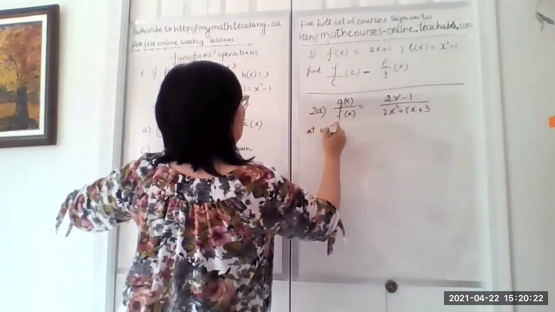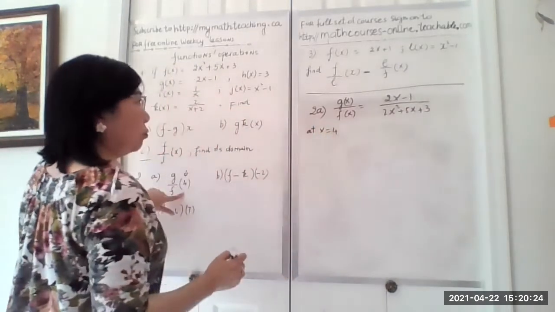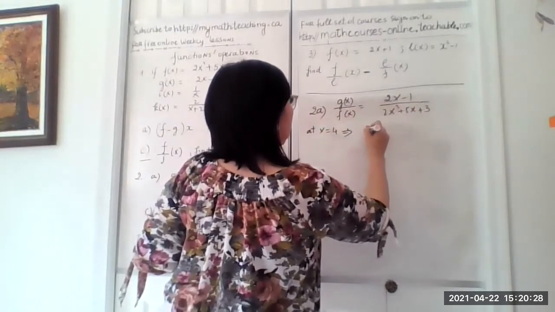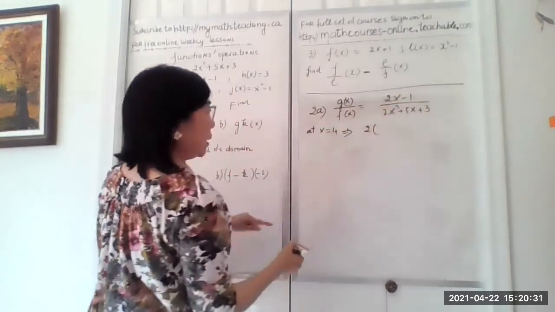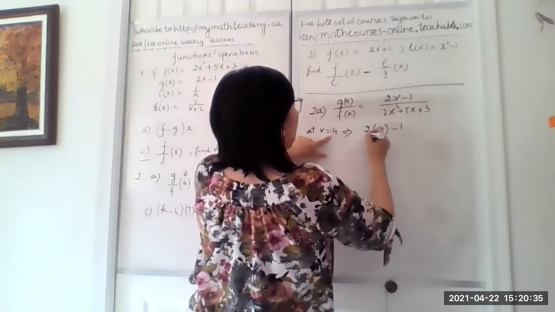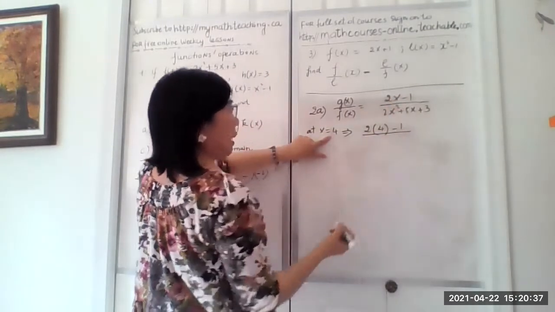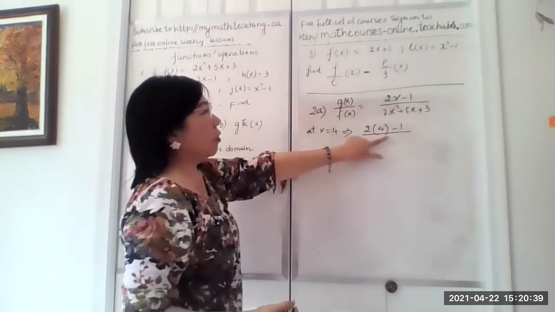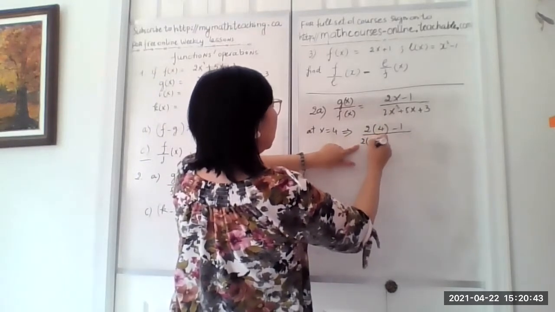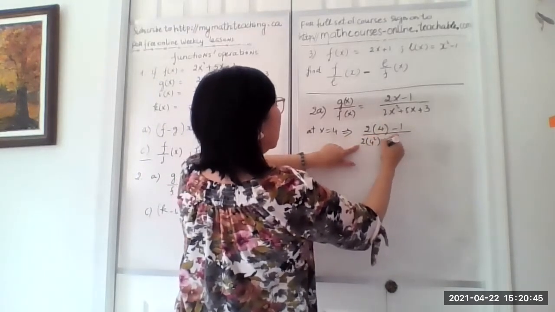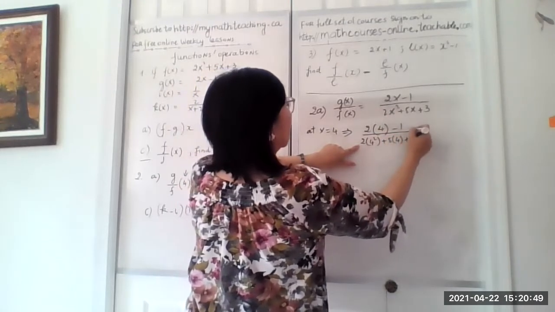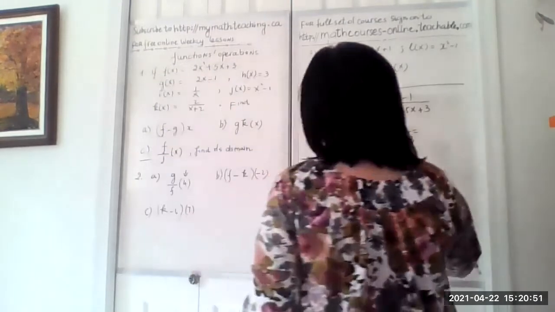So at x equals 4, we will substitute x equals 4 into this expression: minus 1 on top, so 2 times 4 minus 1. Down here we have 2 times 4 squared, plus 5 times 4, plus 3. So let's calculate this.